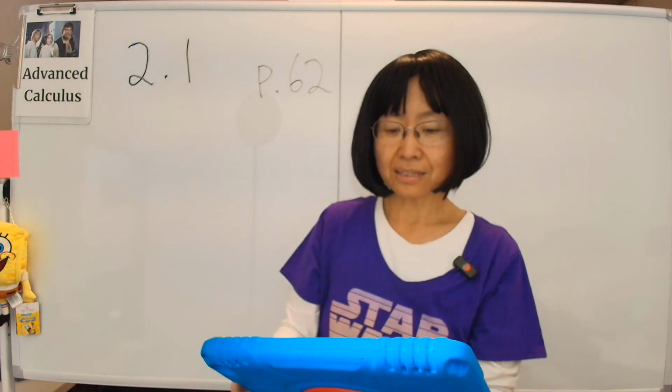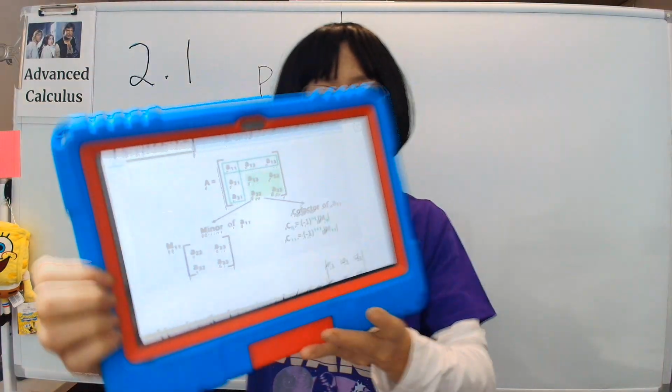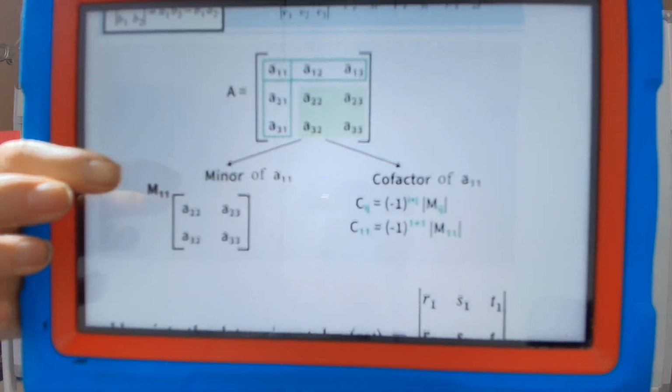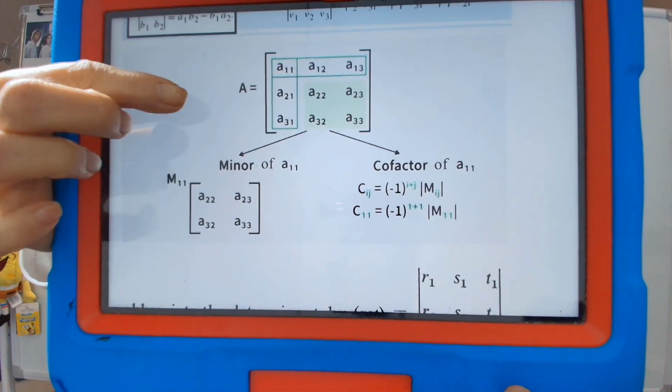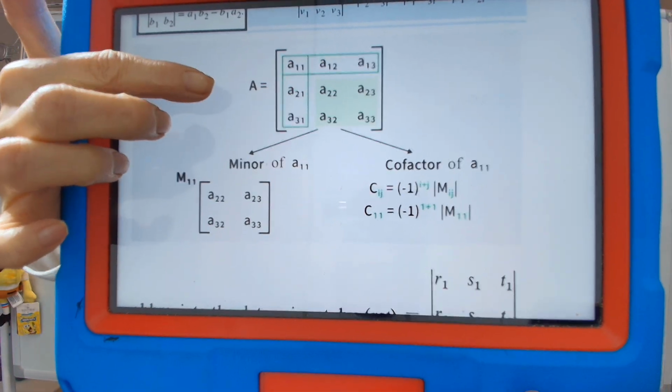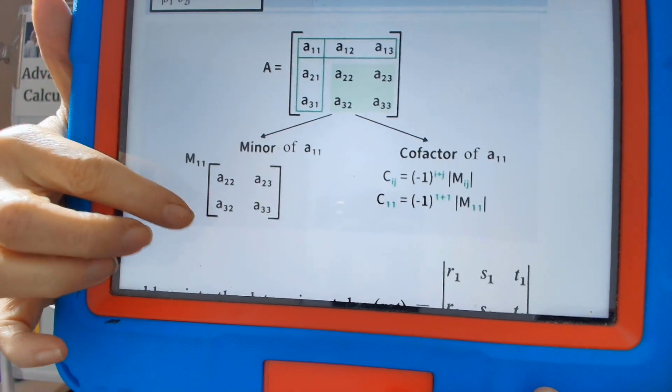And so next, let's look at certain terms that you haven't seen maybe for a while. What is the minor? The book mentions the minor. What's the minor of, say, the term A11? The minor is the stuff that's not in this row or column, that is going to multiply, etc., in order to get the determinant.